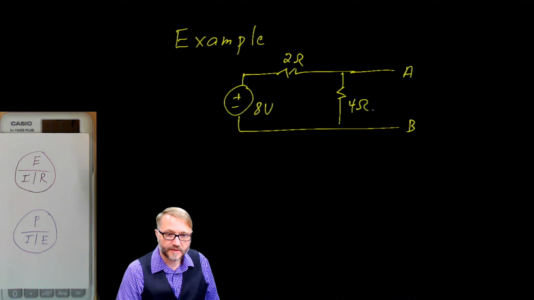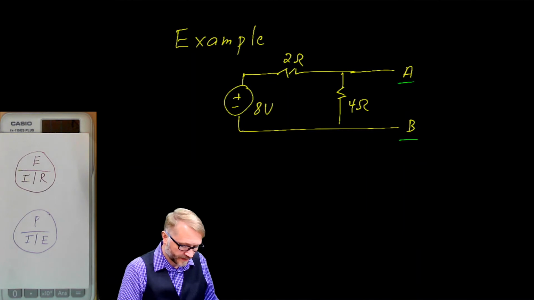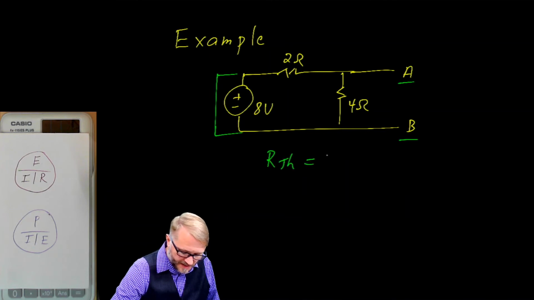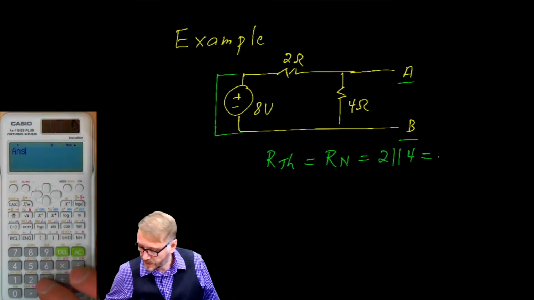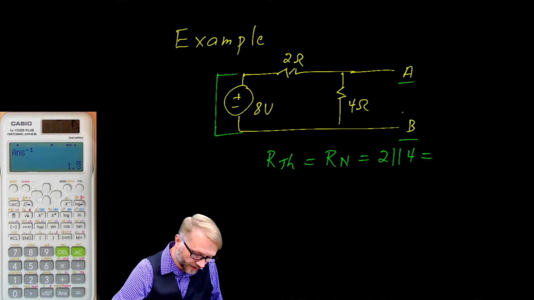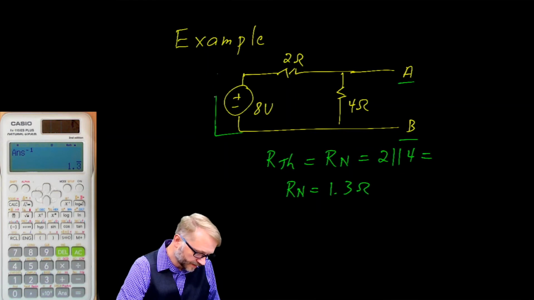In this example, we've already removed the load and we've labeled terminals A and B. If we short our constant voltage source, we will see that R Thevenin, which is the same as R Norton, is 2 in parallel with 4. So 2 in parallel with 4 gives us 1.3 ohms. So R Norton is equal to 1.3 ohms. We go ahead and remove this.